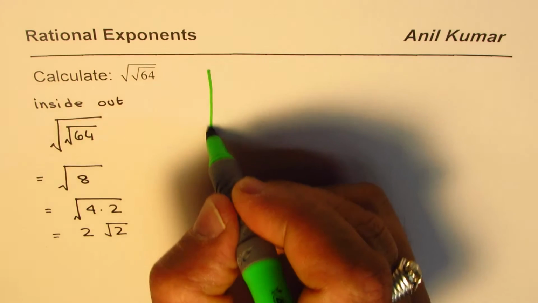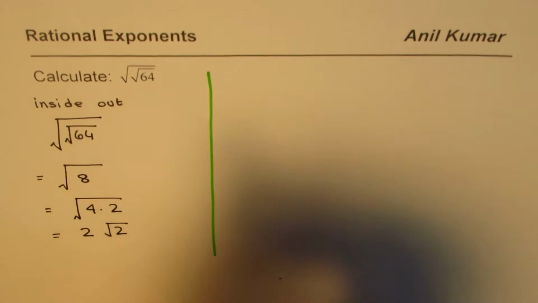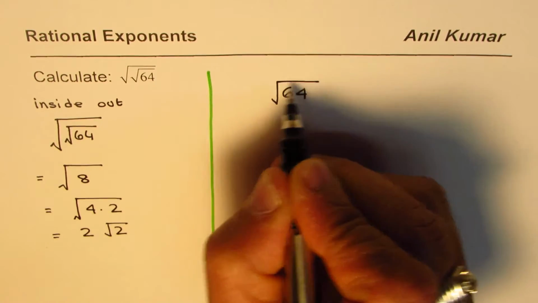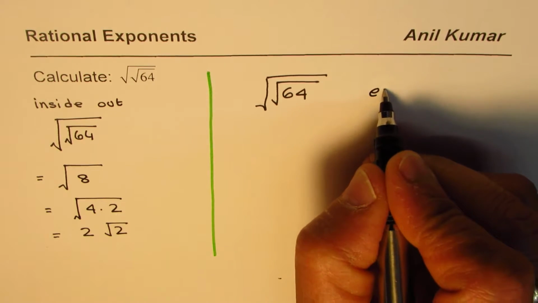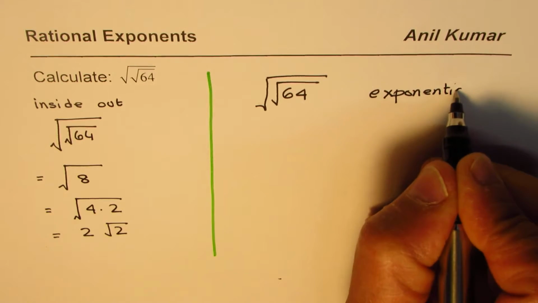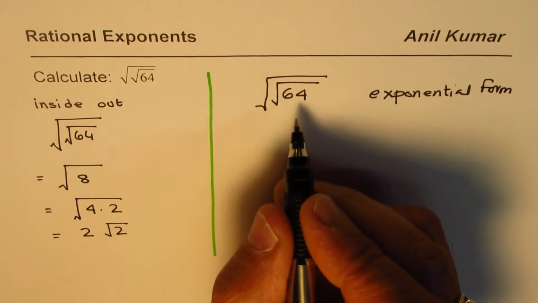At times you can also follow the rules for exponents. For example, here we can write the square root of the square root of 64 in exponential form. So the other strategy is to write in exponential form and then apply the rules.